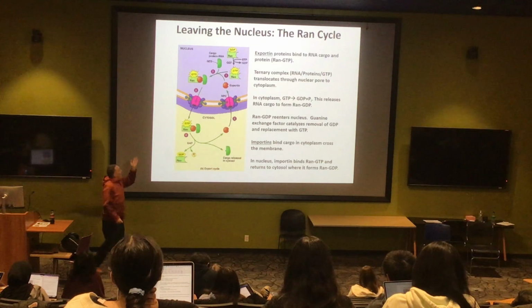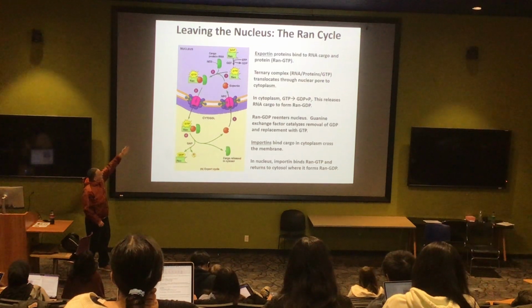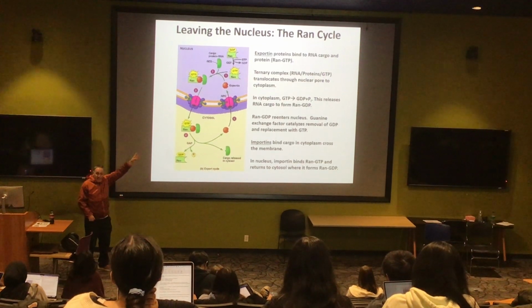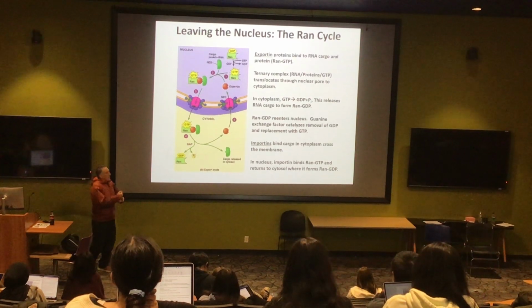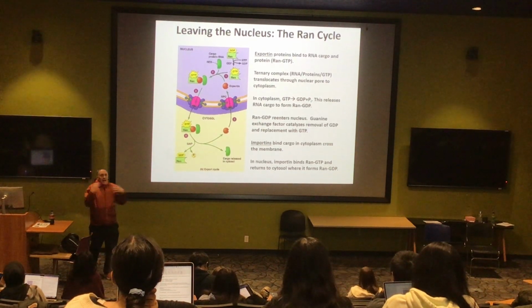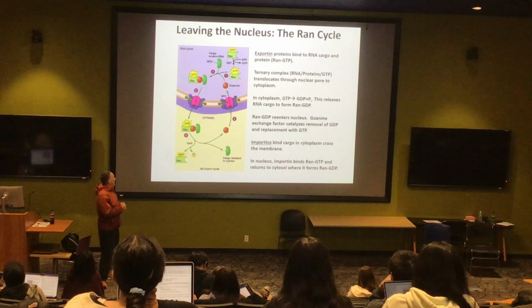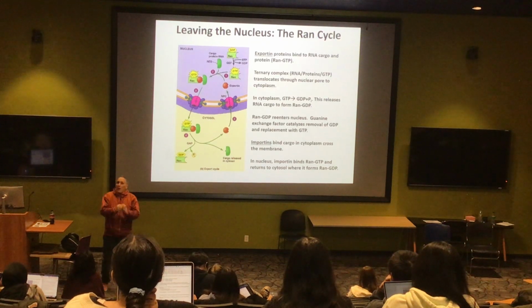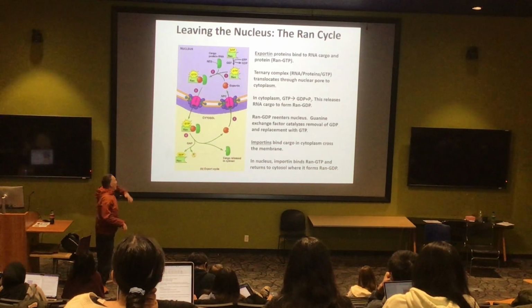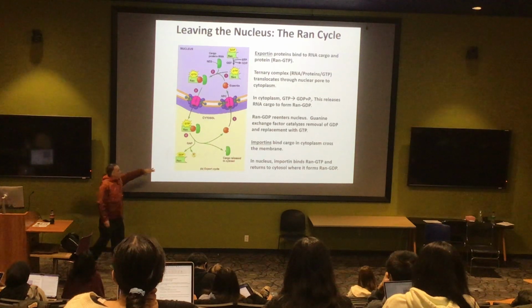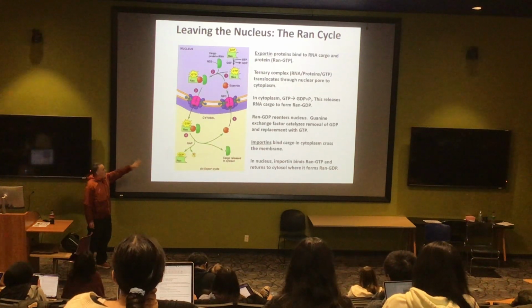So what do we need to have? We need to have RAN, which is bound to a GTP, the exportin, and the cargo protein that collectively have our RNA associated with it. That will bind to the nuclear pore complex, which will open up and allow the whole thing to leave. Once they leave, of course, we don't want this whole complex to remain associated.